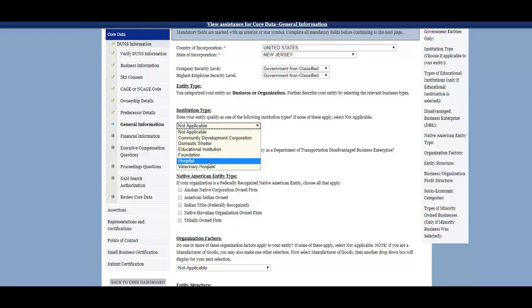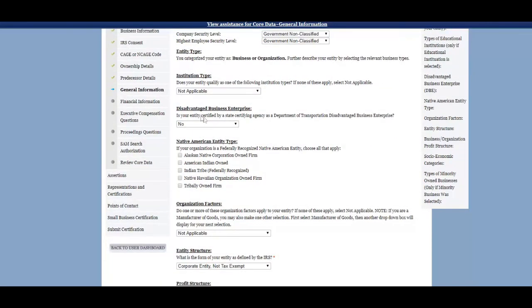No, we're not a hospital, nor are we a hospital that treats our four-legged counterparts here on the planet Earth. So we'll leave that at not applicable. Disadvantaged enterprise. Is your entity certified by a state certifying agency as a Department of Transportation disadvantaged business enterprise? Right now, no.